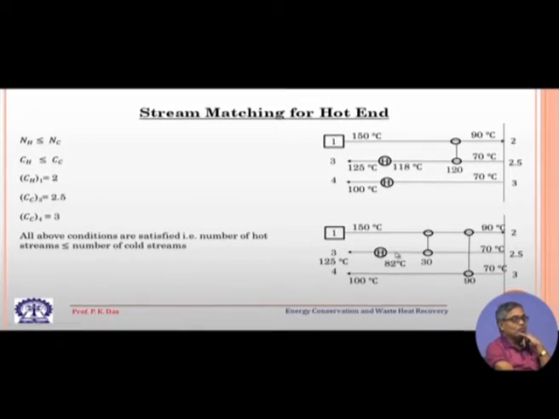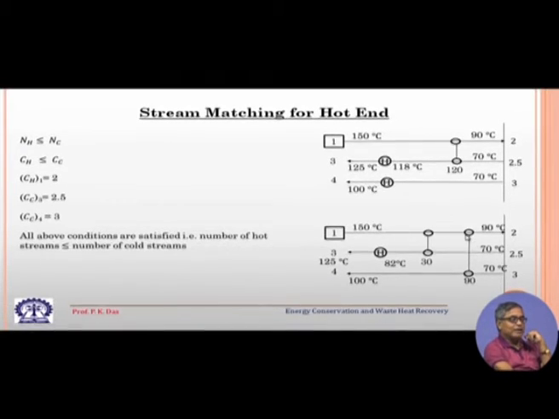So, one hot utility has to be used, and we can calculate how much hot utility is needed. And you will find whatever hot utility we have used by 2 heaters here or 2 heat exchangers here, the same amount of hot utility has to be used, because this is the minimum amount of hot utility. So, you see here we get 1 heat exchanger, second heat exchanger, third heat exchanger.